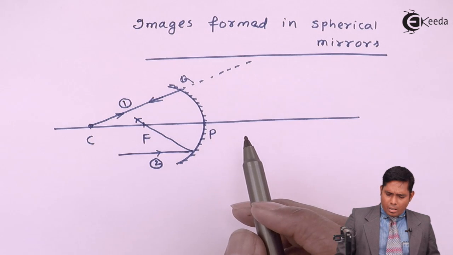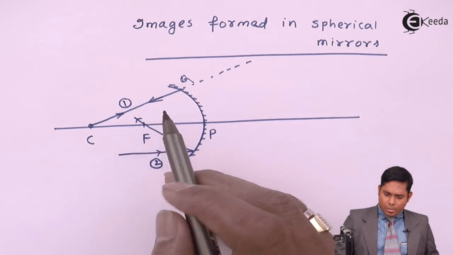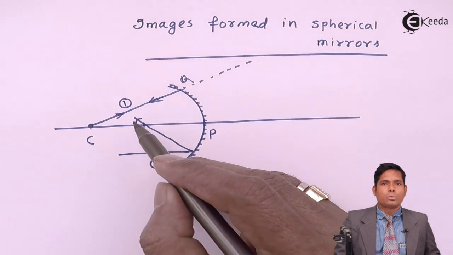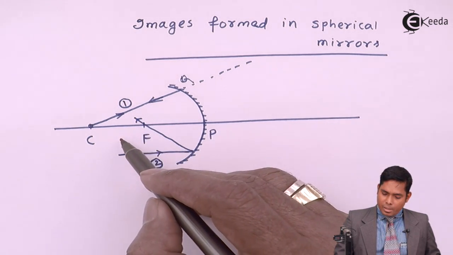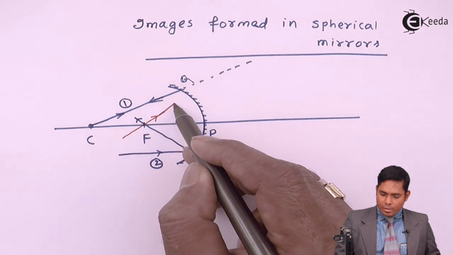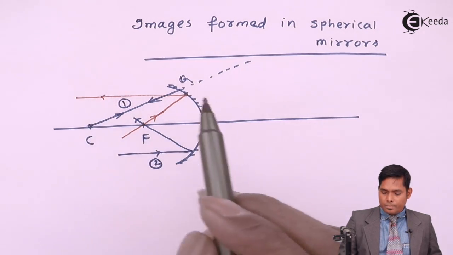Any ray moving through the focus, while the ray coming parallel passes through the focus. But if initially the ray is coming through the focus like that, then after incidence it will become parallel, like that.